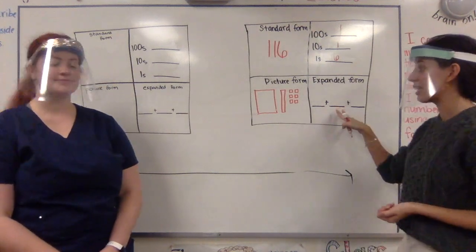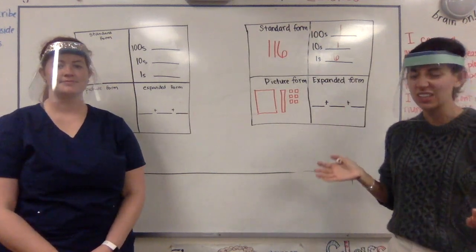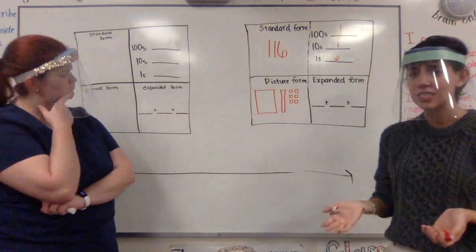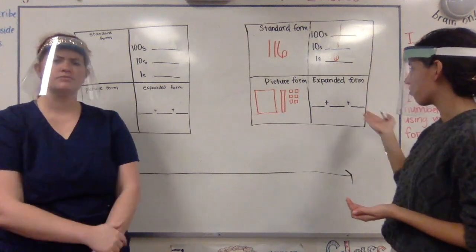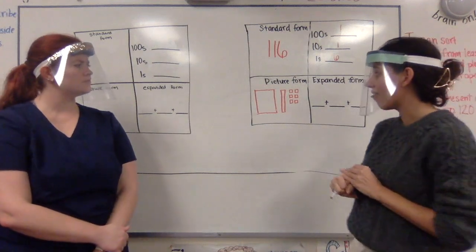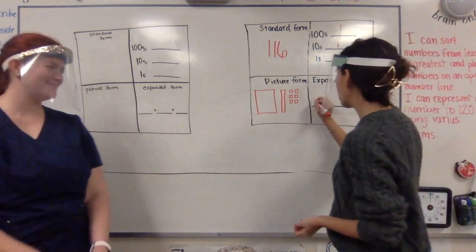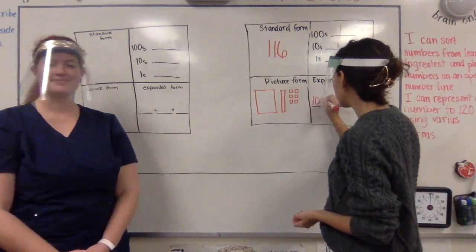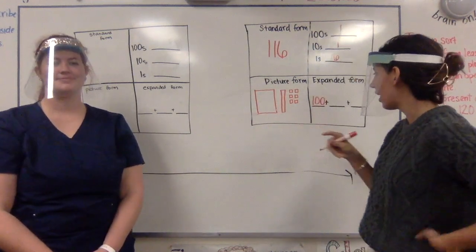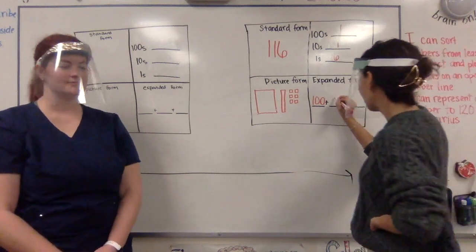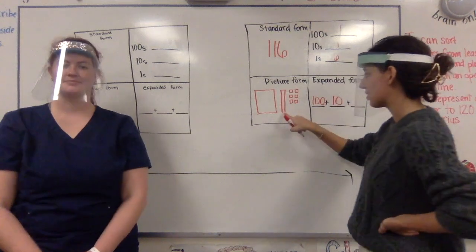And now to put it in expanded form, this is when I start thinking about what is the value of these different blocks and how much is it worth for expanded form. So I know that 100 block is worth 100 because there are 100 tiny ones inside of here. And I know that this 10 block is worth 10 because there are 10 ones inside of this.